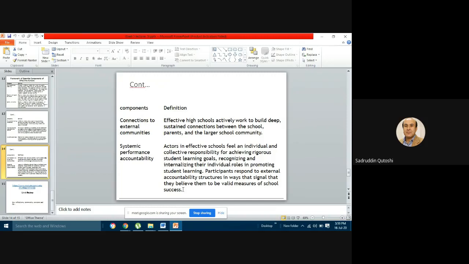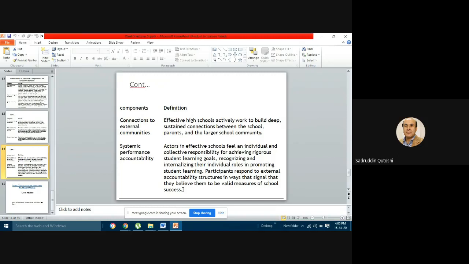So you need to be very conscious about this. If your school has this sort of situation, that's great. Otherwise, you will have to think about some programs, how those sets of activities will help you to establish a systemic performance accountability system in your school.